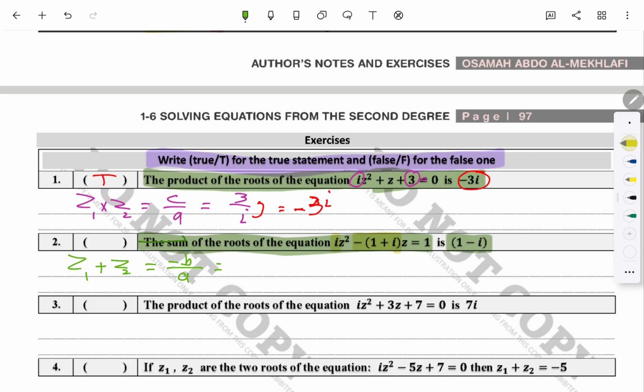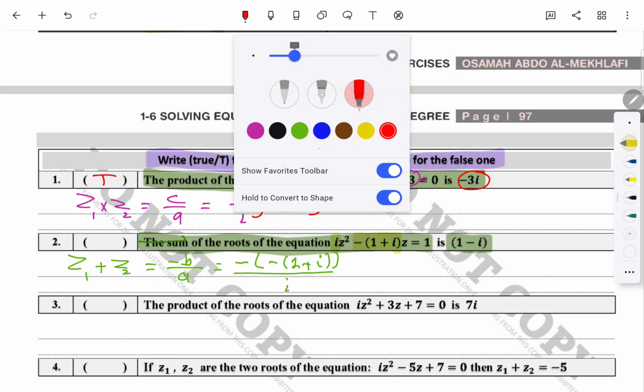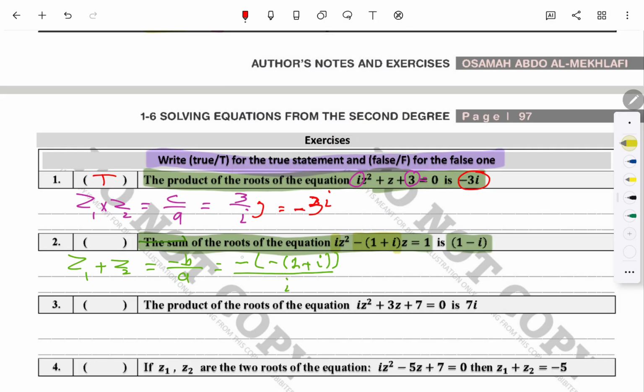Focus on this negative in the equation and the other negative coming from the rule, and that all will be divided by i. Because you have a negative outside and inside, you can multiply them to get positive. So that will make it positive 1 plus i divided by i.